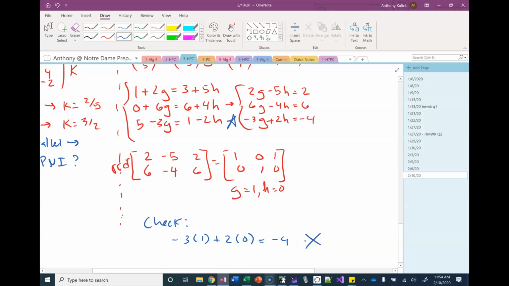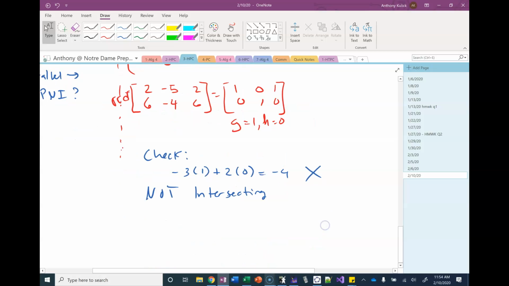That's not true. So because that check didn't work, we know we're not intersecting. So since we're not parallel and we're not intersecting, we're non-parallel, non-intersecting.